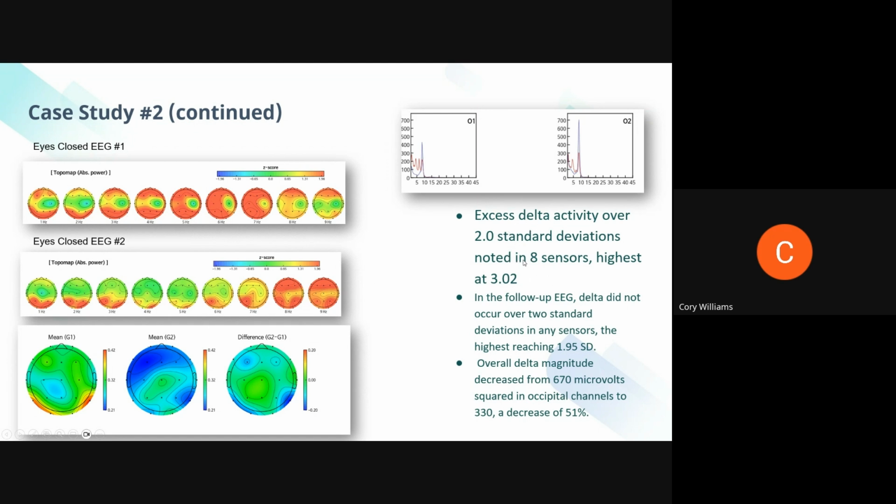Early on, we saw more than 2 standard deviations in 8 different sensors. And then in the second one, it didn't go over 2 standard deviations in any sensor. The highest was 1.95. The delta magnitude decreased from 670 microvolts in the posterior all the way down to 330.